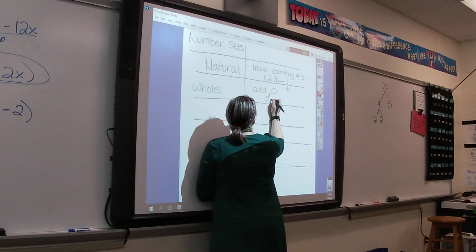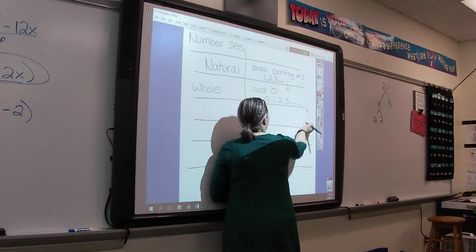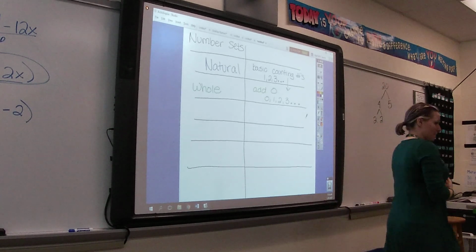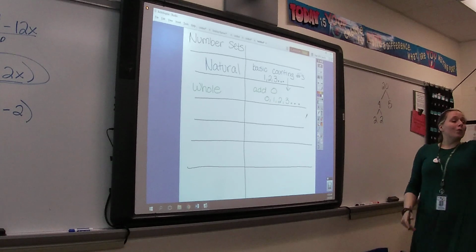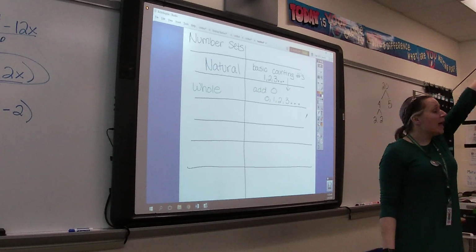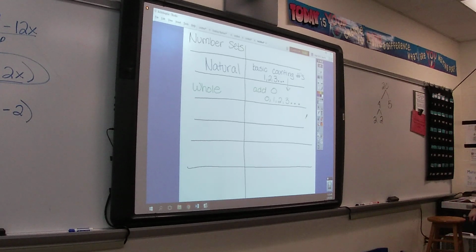So we now have 0, 1, 2, 3, which means that 1 is a natural number, but 1 is also a whole number. It counts in both categories.